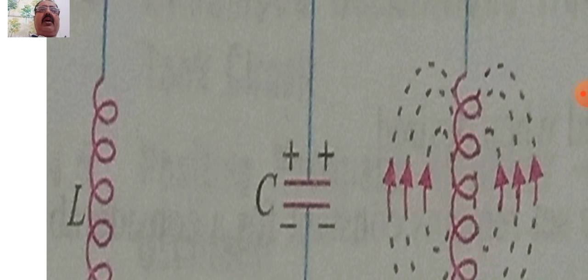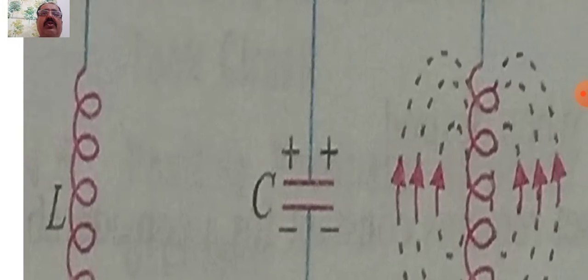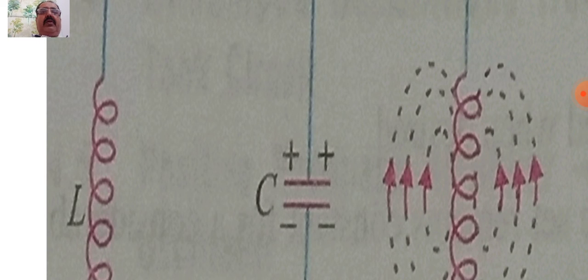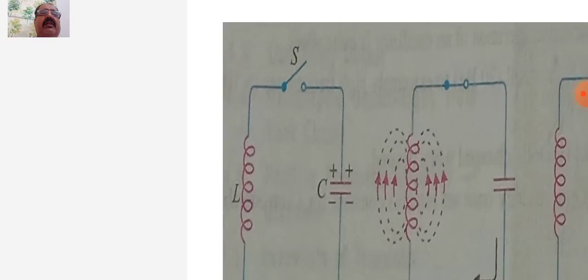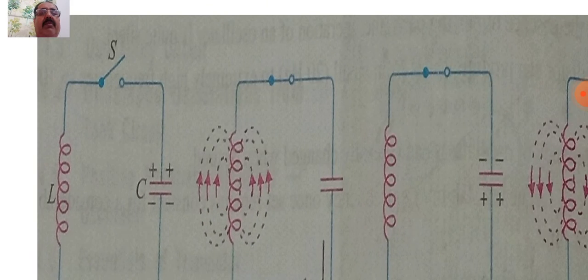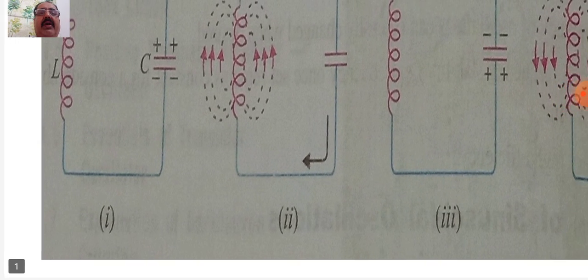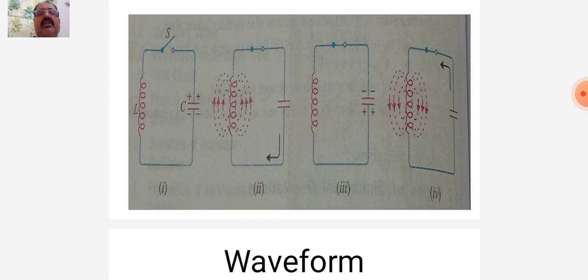To understand how this comes about, suppose the capacitor is charged from a DC source with a polarity of positive and negative. So let us consider the explanation of figure number 1. In figure 1 you have to observe that switch S is open, and in figure 2 that switch S is closed.